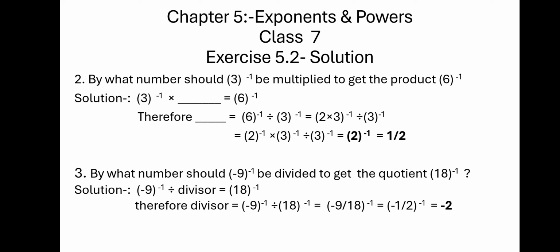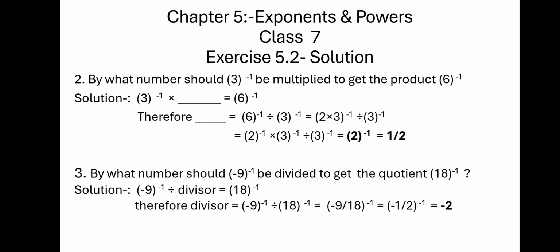Now negative 9 upon 18 whole raised to the power of negative 1, because again a raised to m upon b raised to m is equal to a upon b whole raised to m. So that law is applicable here. So we reduce this to the lowest term, which will give you negative 1 upon 2 raised to the power of negative 1.